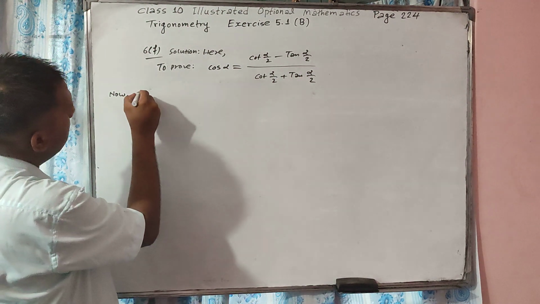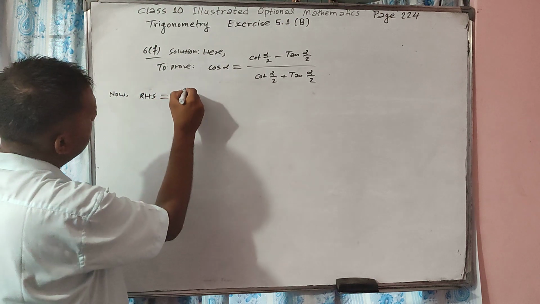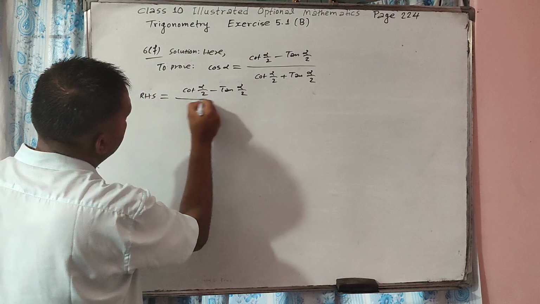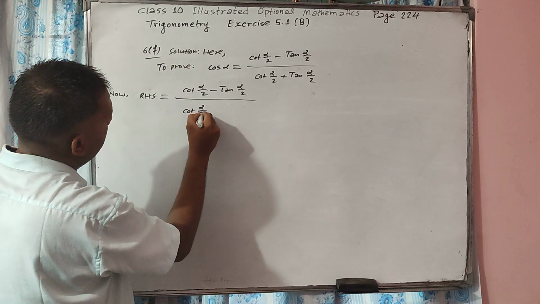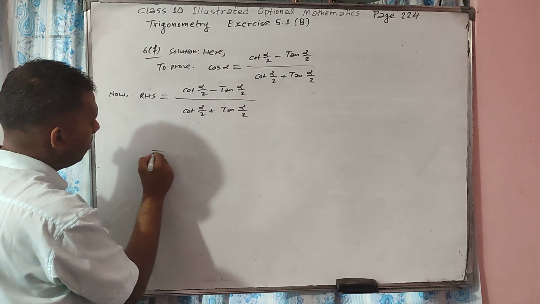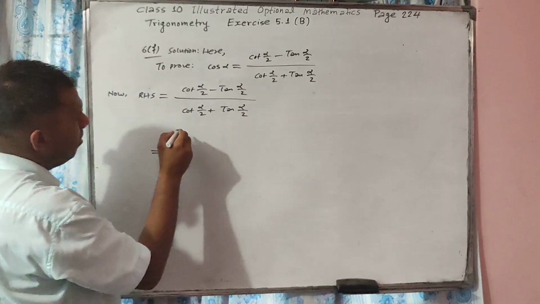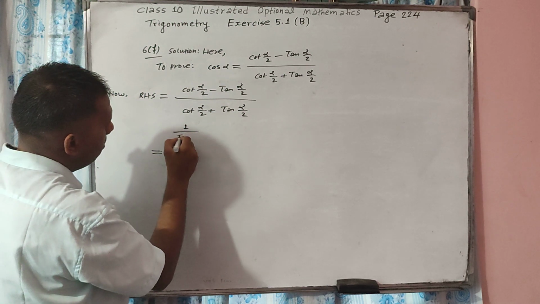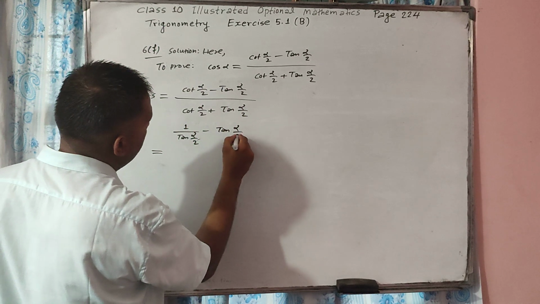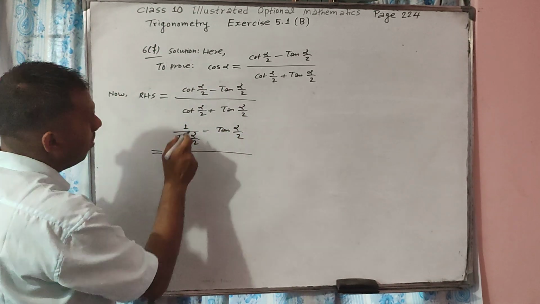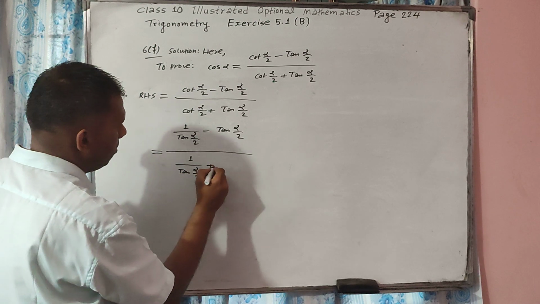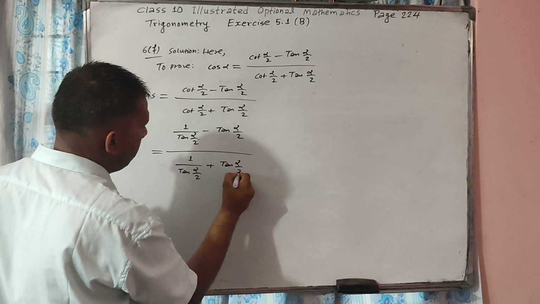Now RHS equal to cot alpha by 2 minus tan alpha by 2 all upon cot alpha by 2 plus tan alpha by 2, is equal to cot alpha by 2, that is 1 upon tan alpha by 2, minus tan alpha by 2 whole upon cot alpha by 2, that is again 1 by tan alpha by 2, plus tan alpha by 2.